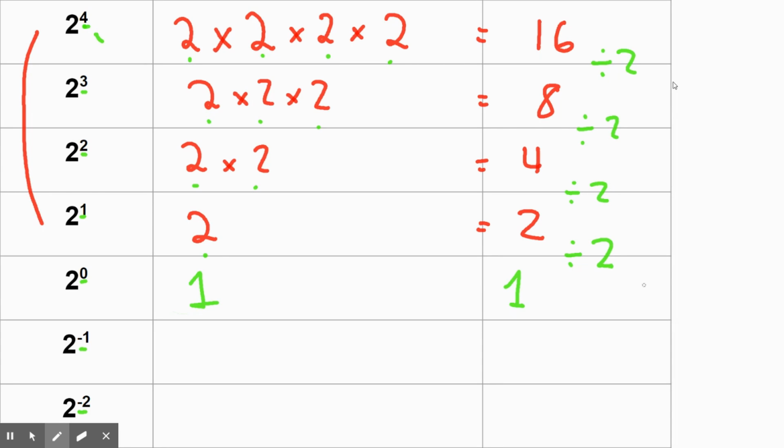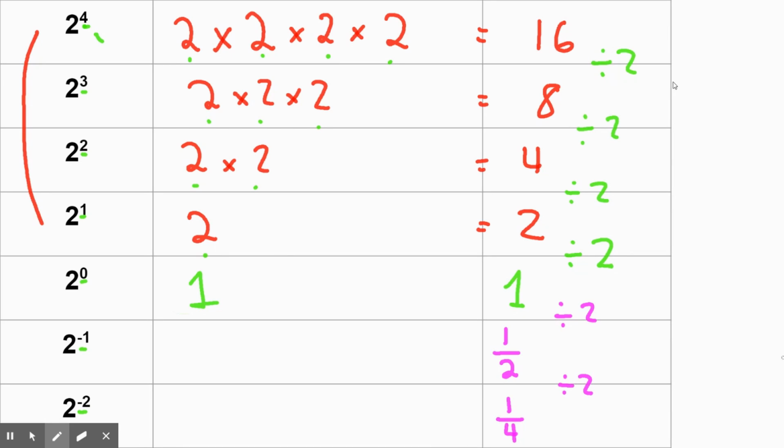Now we could continue that pattern. If we divide 1 by 2, that's going to give us 1/2. If we divide 1/2 by 2, that's going to give us 1/4.